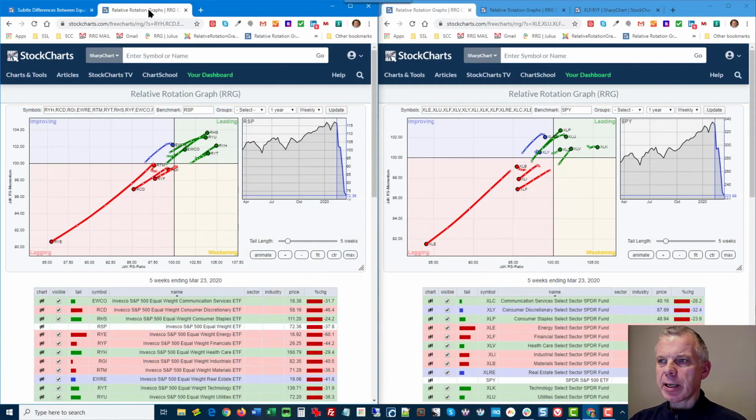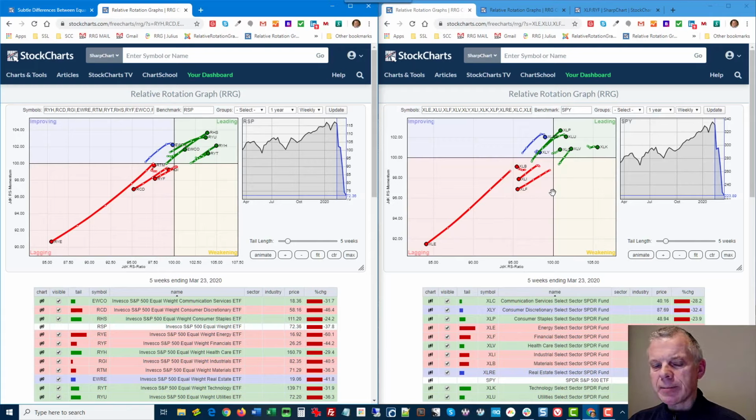Here I have on the left hand side an RRG that's loaded up with the equal weight sector ETFs, and on the right hand side I have the regular ETFs, State Street Spiders, as we usually use them. As you can see, the general picture is similar, but there are a few subtle differences.